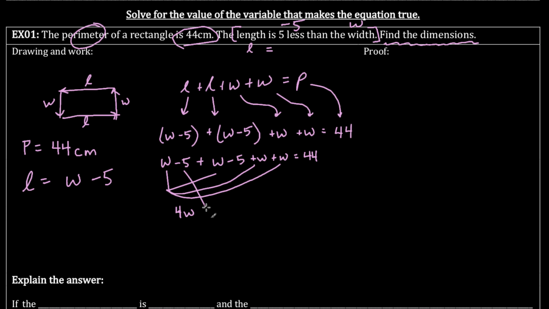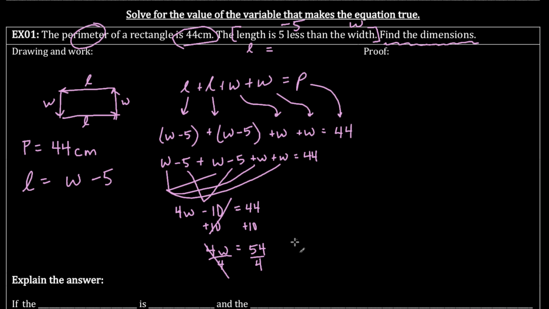And then minus 5, minus 5 is minus 10 equals 44. Now from here, let's find out what W is. So 4W equals 54. And then we divide by 4.